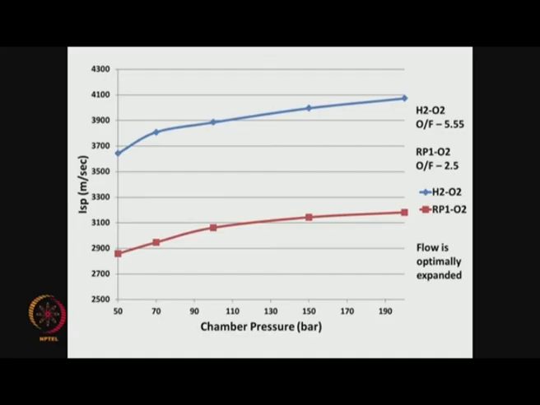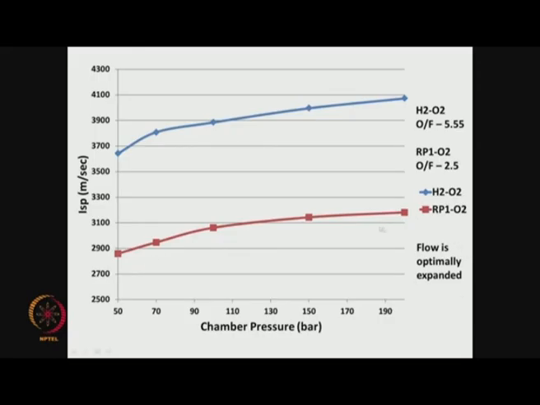Now, here I have compared hydrogen and oxygen and kerosene and oxygen systems. The red line here is the variation of kerosene oxygen with chamber pressure. This is ISP, and this is sea level ISP, wherein with increase in pressure the flow is optimally expanded.